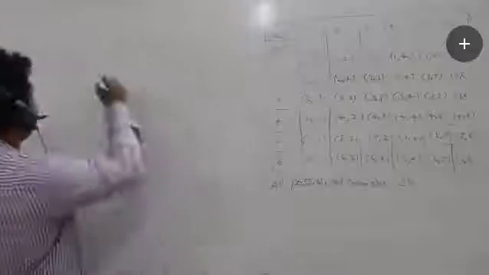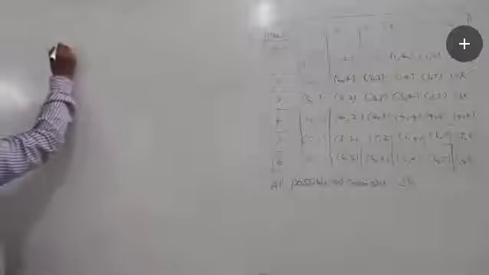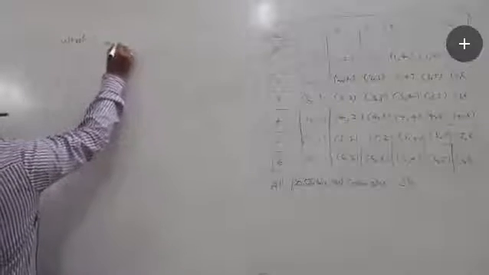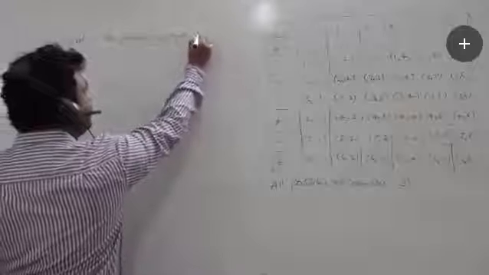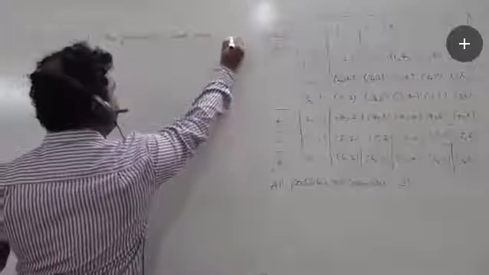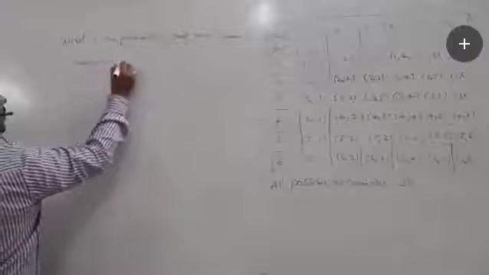So the first question is, what is the probability that the same number comes on two dice, okay students?